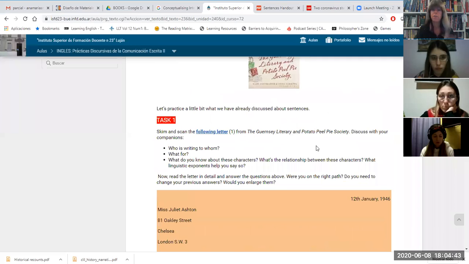We focused our attention on the types of sentences used in some of the letters here. And I gave you this handout with one of the letters. We've analyzed the different types of sentences used here.